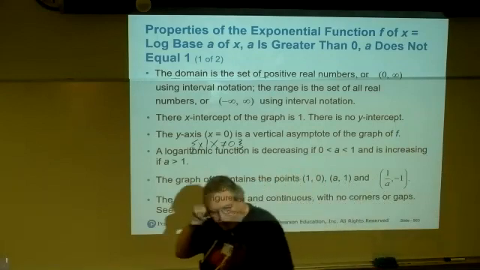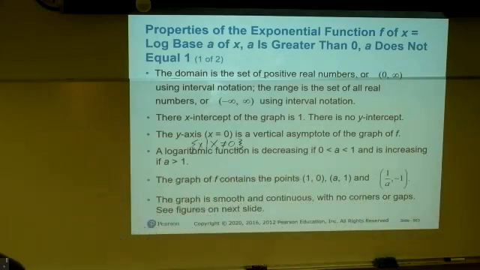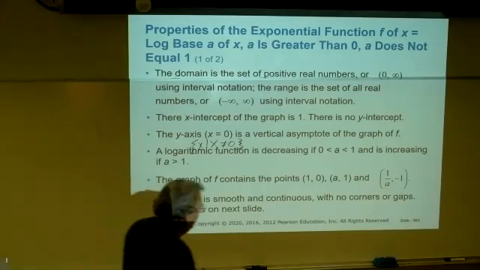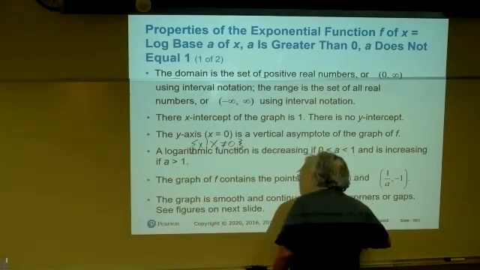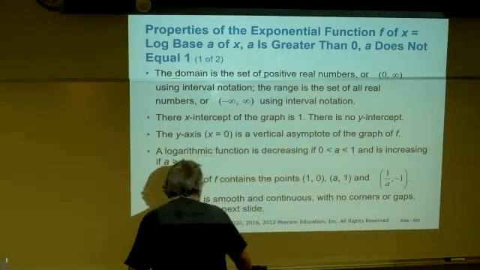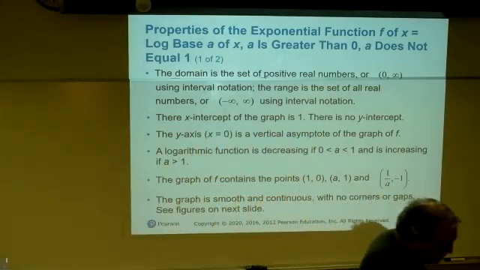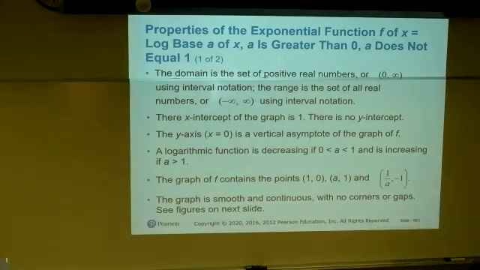Now, the properties of logarithms are very similar to the properties of their exponential. The domain is the set of all positive real numbers.